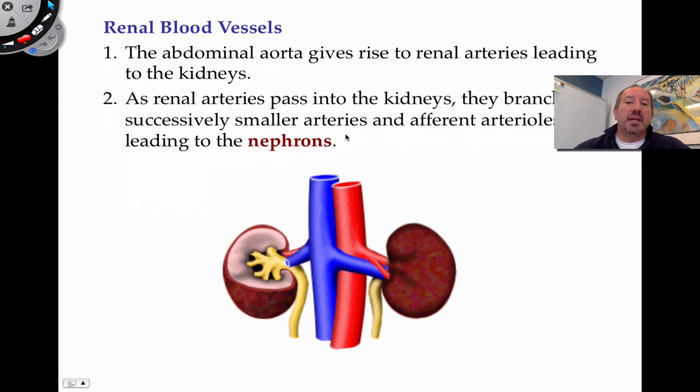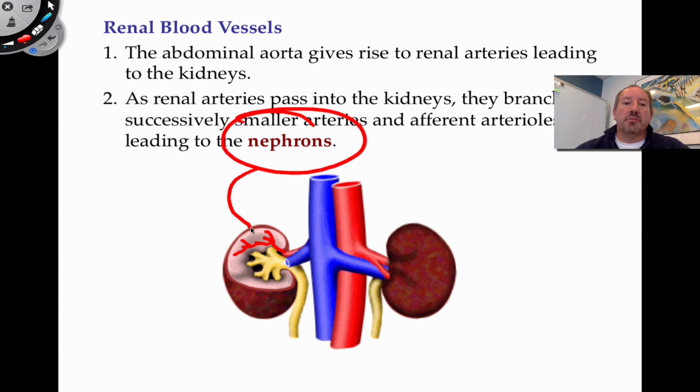So again, it's all about the blood coming down from the heart and the aorta, and under extremely high pressure, it's entering into both kidneys. And so the blood then, if I can start illustrating this, branches off into smaller arteries, and then smaller arteries, and then still smaller arteries, and then eventually it'll reach these nephrons.